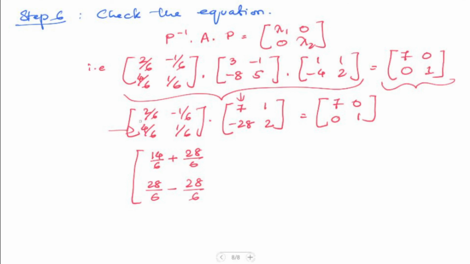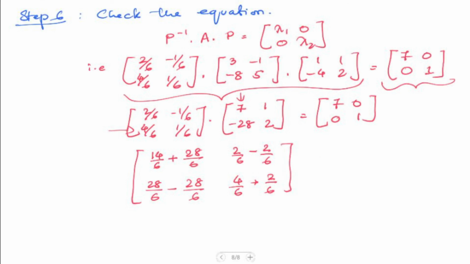Now again we go to the first row with the second column, so 2 over 6 plus minus 1 times 2, that's minus 2 over 6. And for the second row, second column, we have 4 over 6 plus 1 times 2, that's 2 over 6, right?